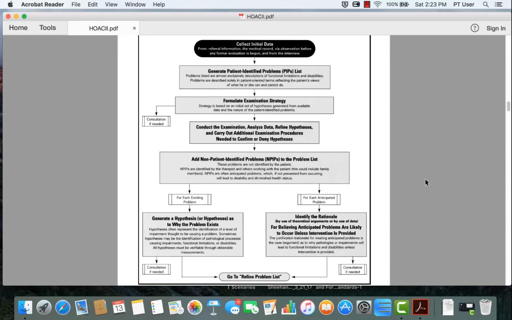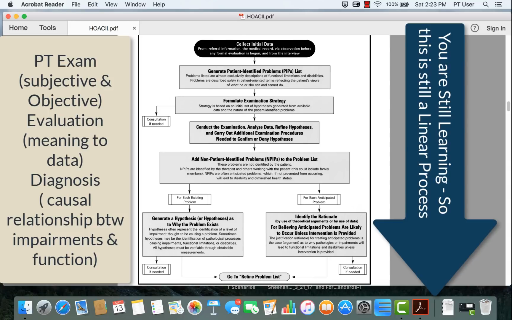The PT exam, that is collecting data, formulating examination strategy. Then the evaluation. Evaluation is giving meaning to data. And then finally the diagnosis. We have two examples of diagnoses. One for existing problems, generating a hypothesis, and one for anticipated problems, identifying a rationale.